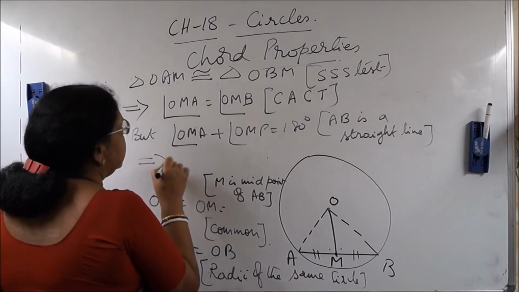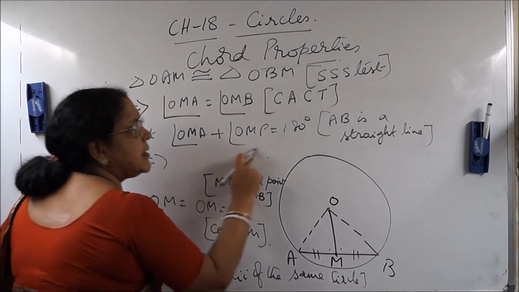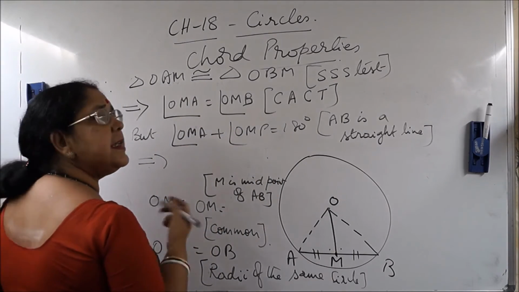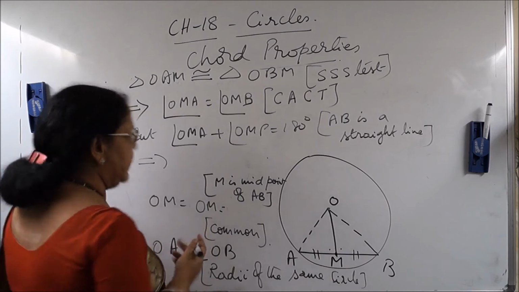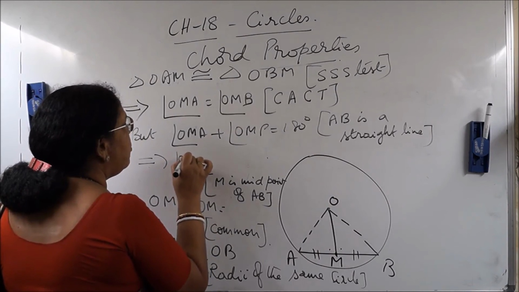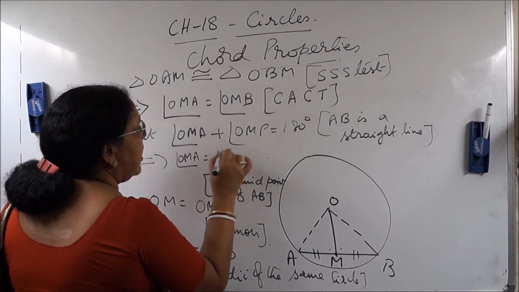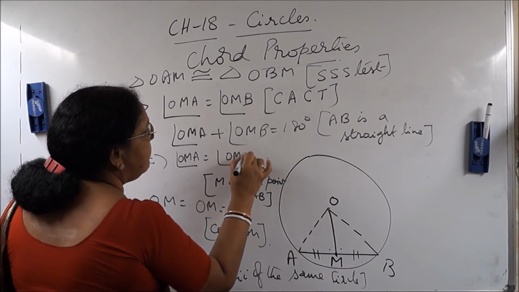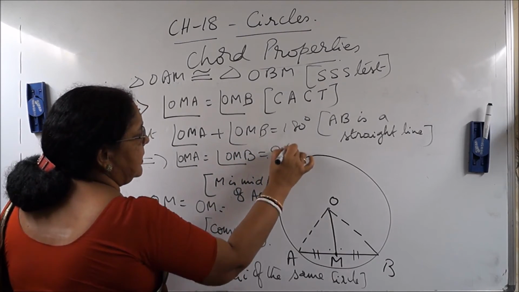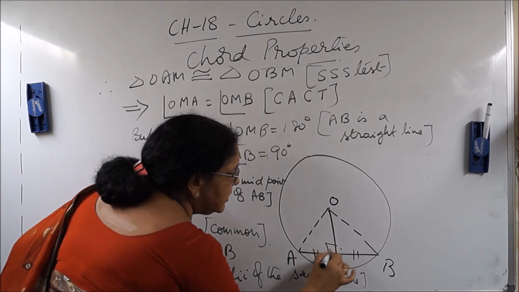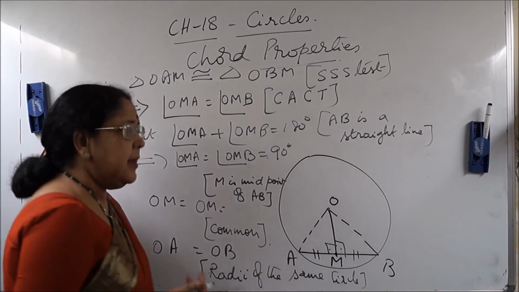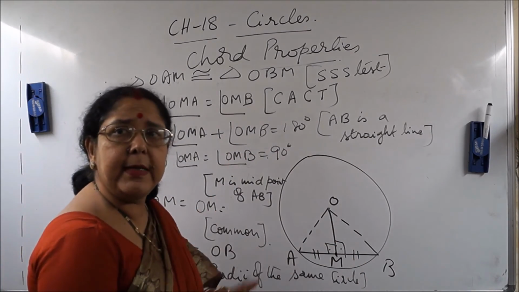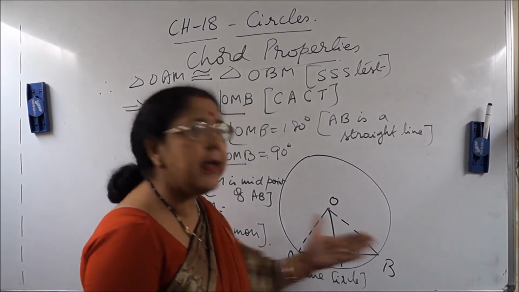So these two are equal and their sum is 180, which implies each one is equal to 90 degrees. So angle OMA is equal to angle OMB is equal to 90 degrees. That means this is 90, this is 90. That means OM is perpendicular to AB.